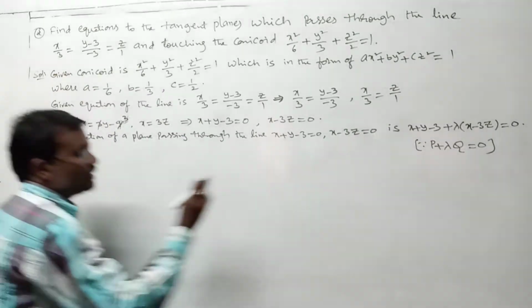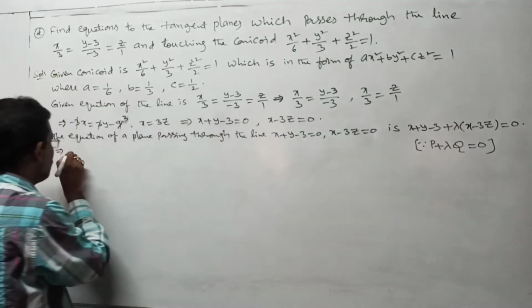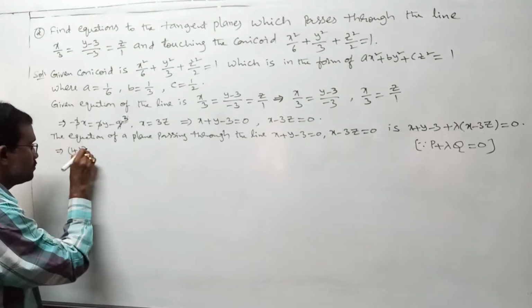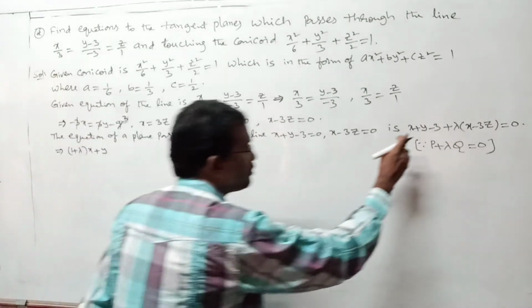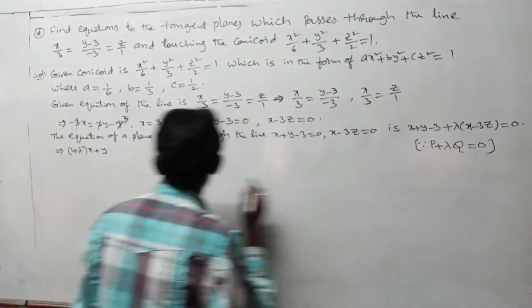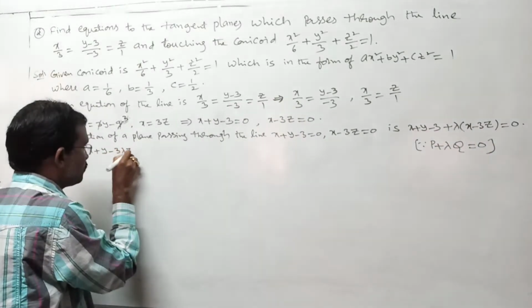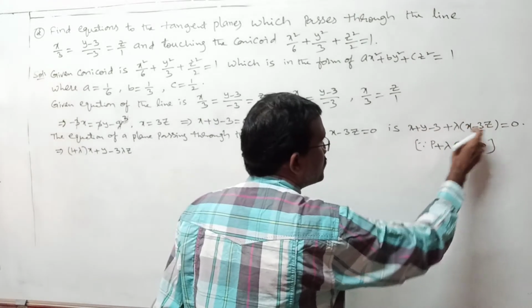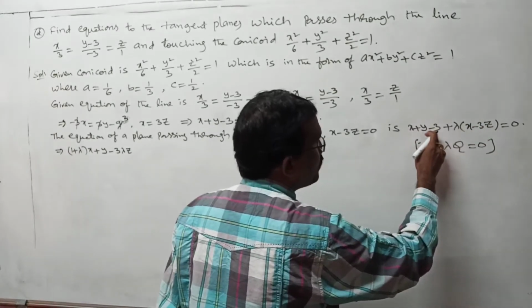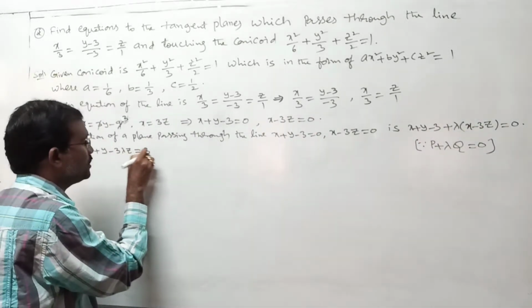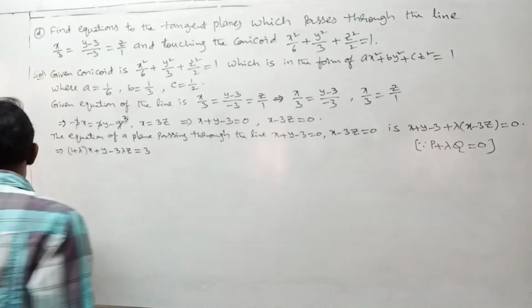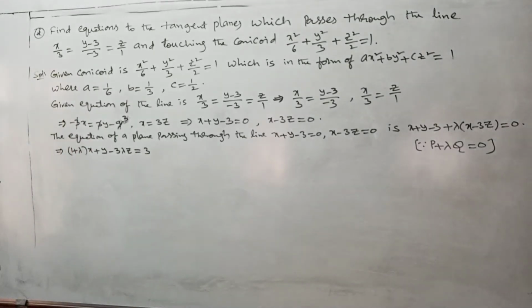Now write it in the basic form. This implies, in between these two things, take x common: (1 plus lambda) into x. Next write the y coefficient, plus y. Only one y term is there. Next what? Minus 3 lambda z. Next what? Minus 3. That's all. If you take minus 3 onto the other side, it becomes equal to 3, right? (1 plus lambda) x plus y minus 3 lambda z is equal to 3.